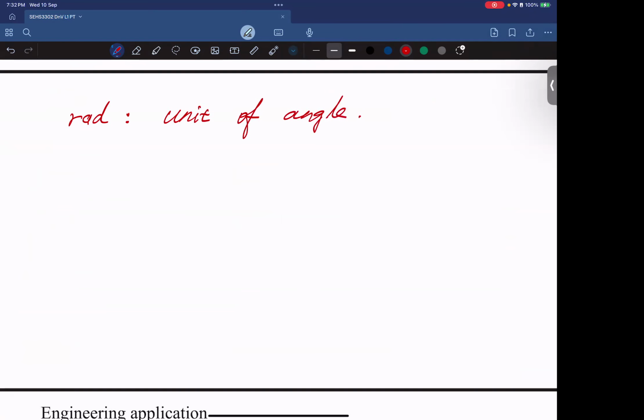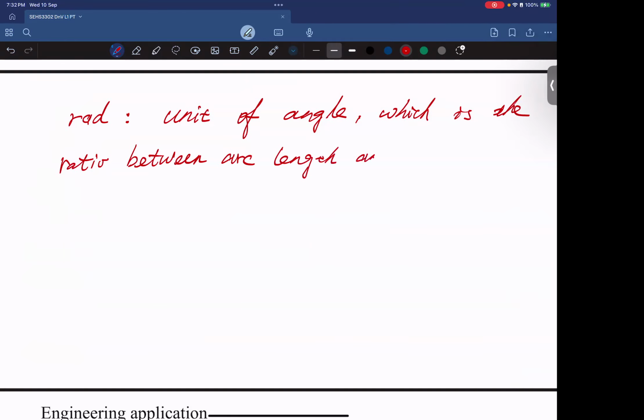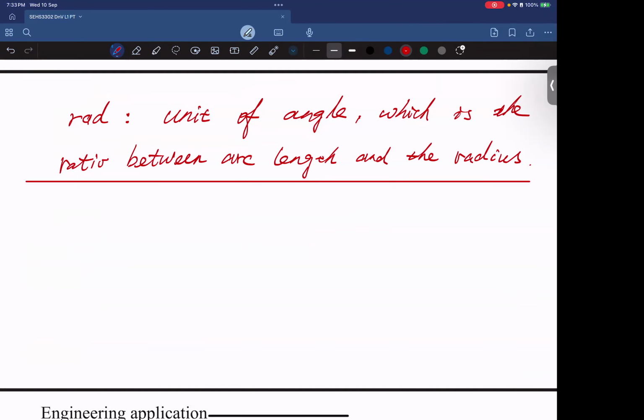So what does it mean? It is the ratio between the arc length and the radius. We find that this ratio is very convenient for us to denote an angle.